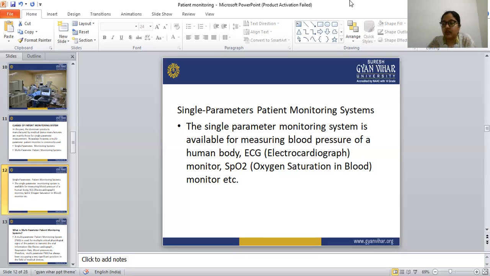And the third disadvantage is the incapacity of the computerized system to understand relations between multiple processes of the data. So these are all the advantages and disadvantages of the patient monitoring system.